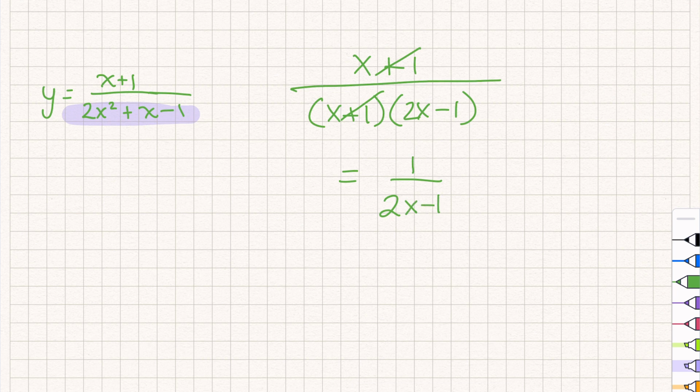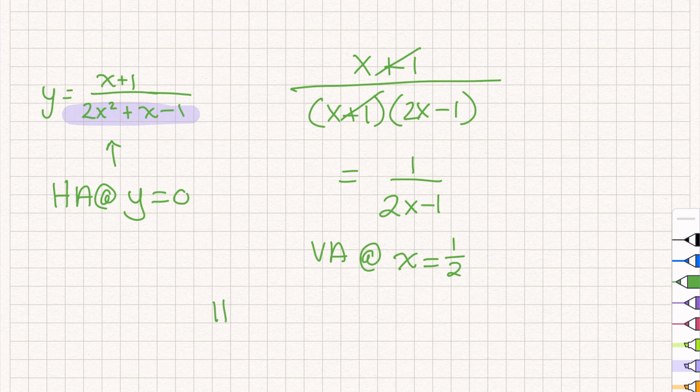So we would have a vertical asymptote at x equals 1/2. Now if we look at the original, do we have a horizontal asymptote? So we do have a horizontal asymptote. The horizontal asymptote is going to be at y equals 0. And then because we crossed out the x plus 1, we're going to have a hole at x equals negative 1.